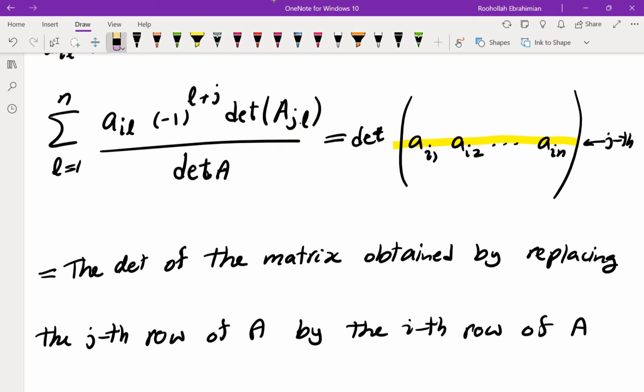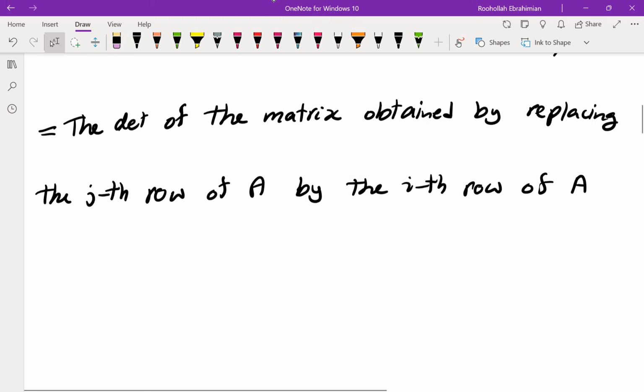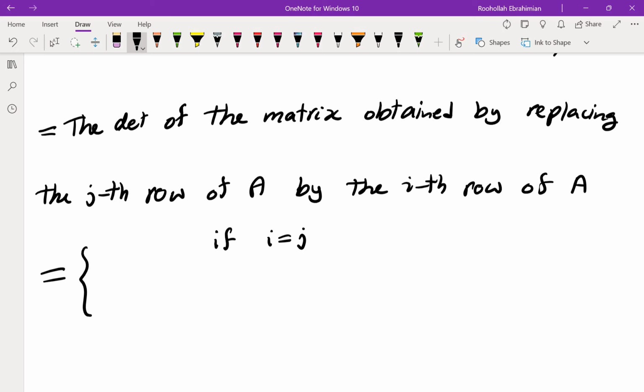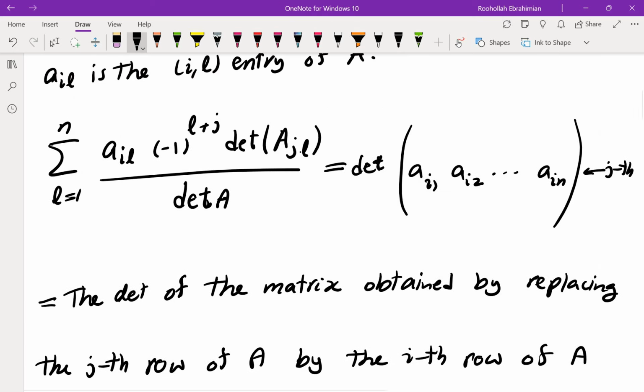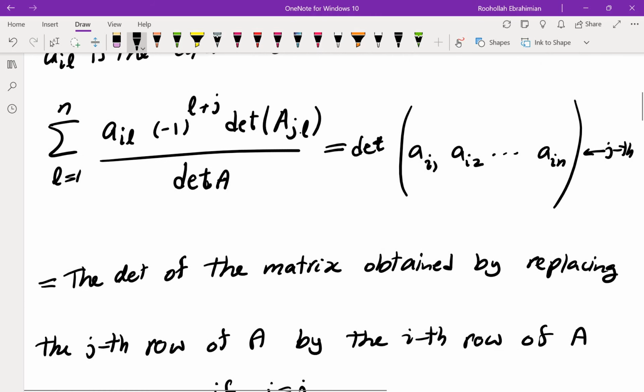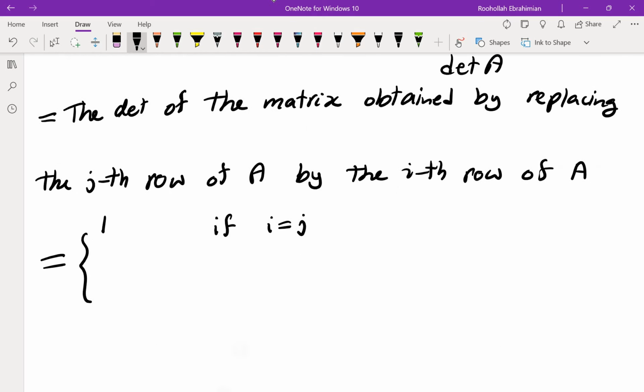So now we got a matrix whose jth row is the same as the ith row of A. If i and j are the same, this is exactly the matrix A. And there's a 1 over determinant of A that I forgot. So if i and j are the same, that's just the determinant of A over the determinant of A.